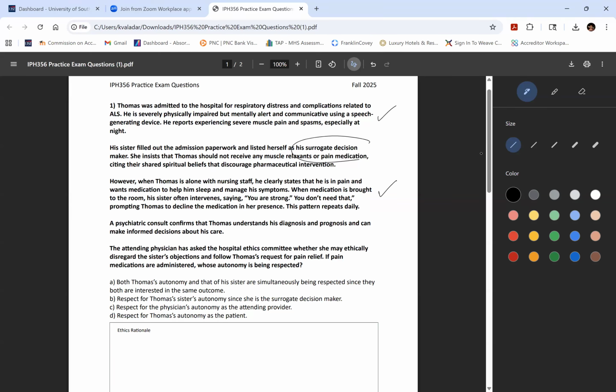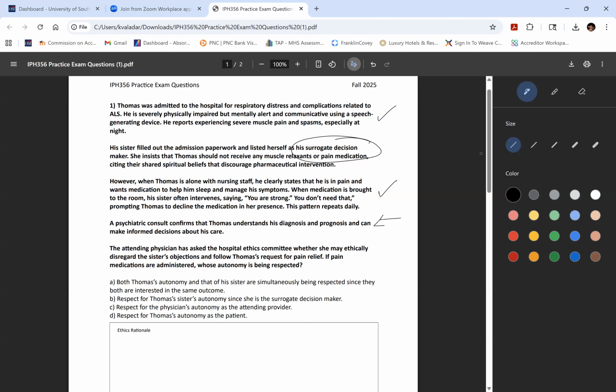And that's the notion of a surrogate decision maker. We haven't quite spent time talking about that. We will later on. But a surrogate is someone who is a substitute, who is their voice, especially when they can't speak for themselves.